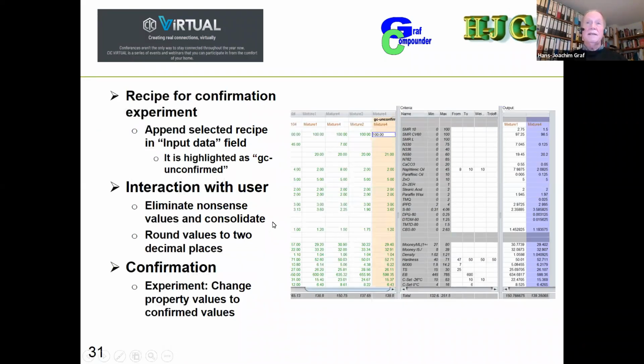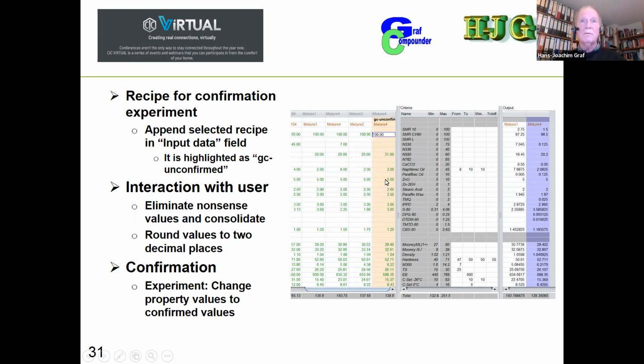So, and then we need the human brain again. Now you have made up your mind and you say, oh, this is a good recipe. It's in line with my experience, with my knowledge and with my past experiments. So you can transfer this into your input window, and then you see that it shows up as marked unconfirmed.